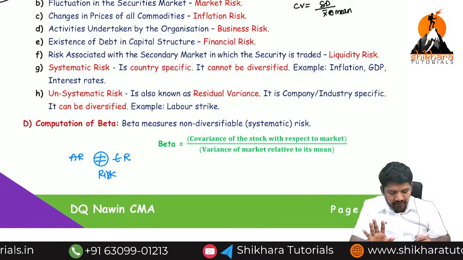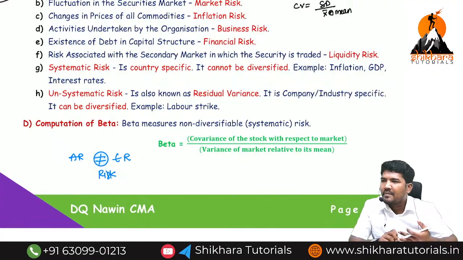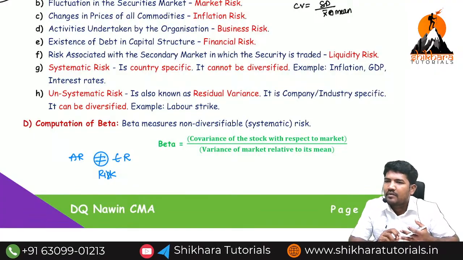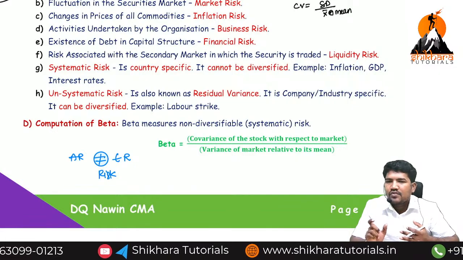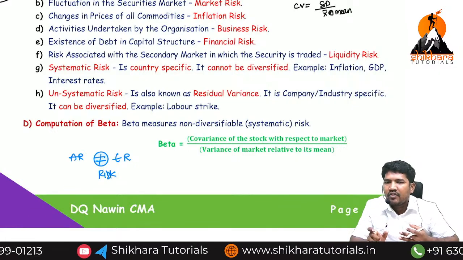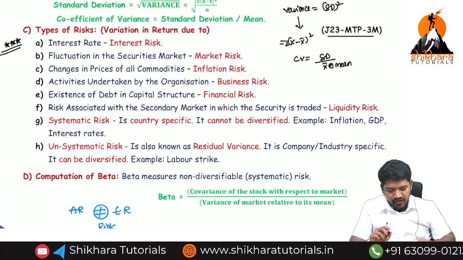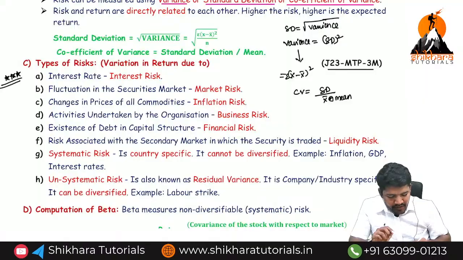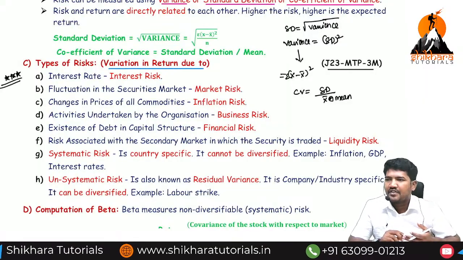So we have different types of risk. Because of the different types of risk, my actual outcome is not the same as the expected outcome. Let us check that. The types of risk: variation in the return due to, what does variation mean? Difference.